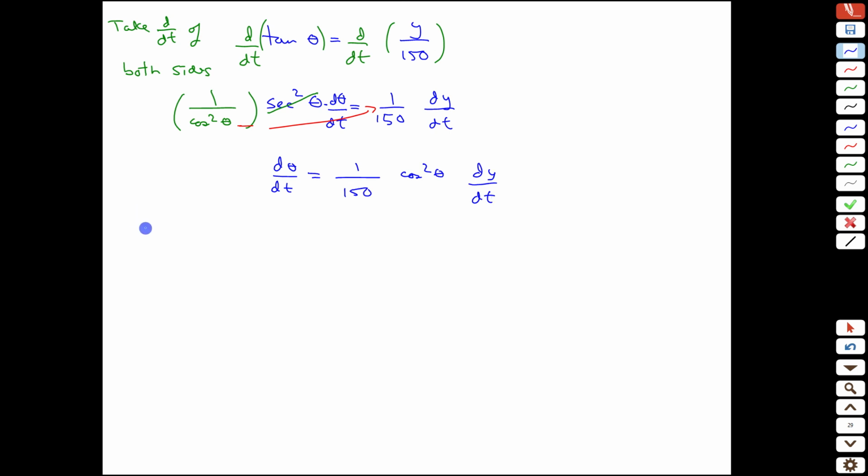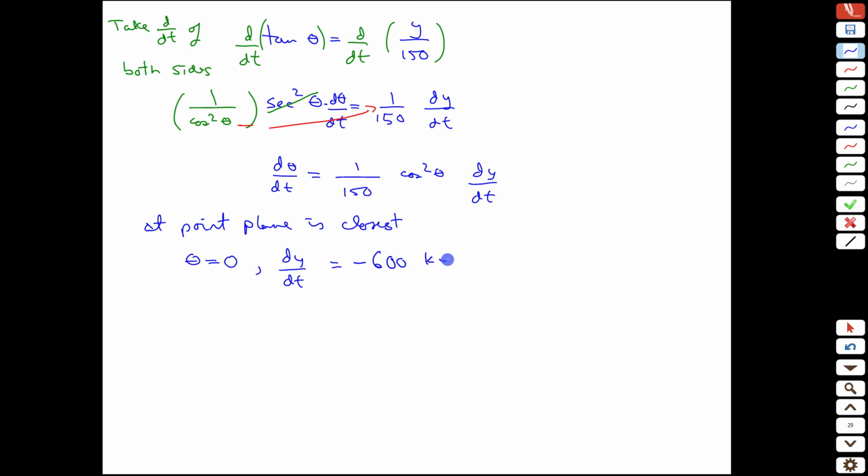And with that, at the point where the plane is closest, what do we know? Well, we said in the pictures that that was theta equals 0, and dy dt was a constant. It would be minus 600 kilometers per hour.